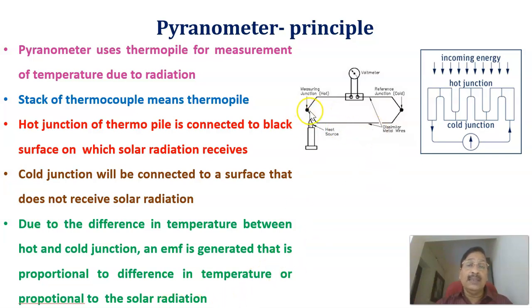Therefore, the voltage or EMF produced in the thermopile is proportional to the temperature difference of the hot junction and the cold junction, which is proportional to the solar radiation falling on the black surface. This is the thermopile structure in which a number of thermocouples are joined together in order to increase the output voltage.